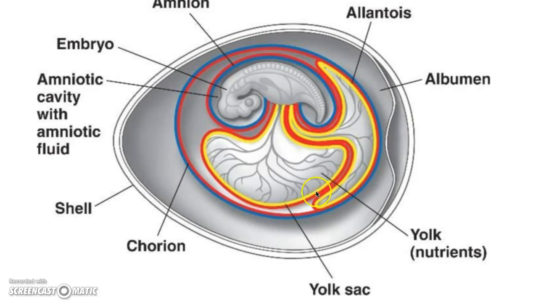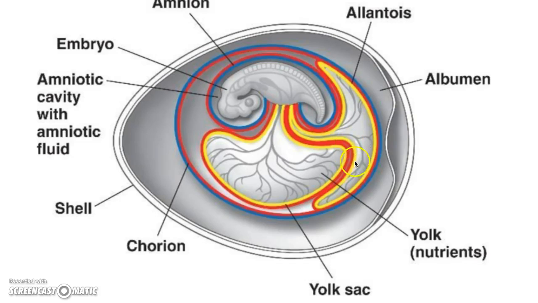But on the outside of the developing embryo is something called the chorion. And then there are several other membranes farther in. So this one right here is called the allantois, and that serves as a storage site for waste products that come out of the embryo, and also plays a big role in mammals in gas exchange.